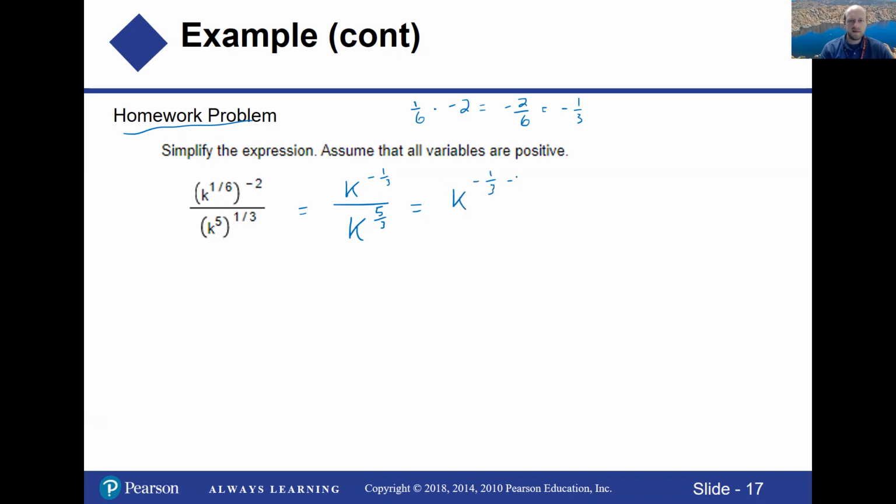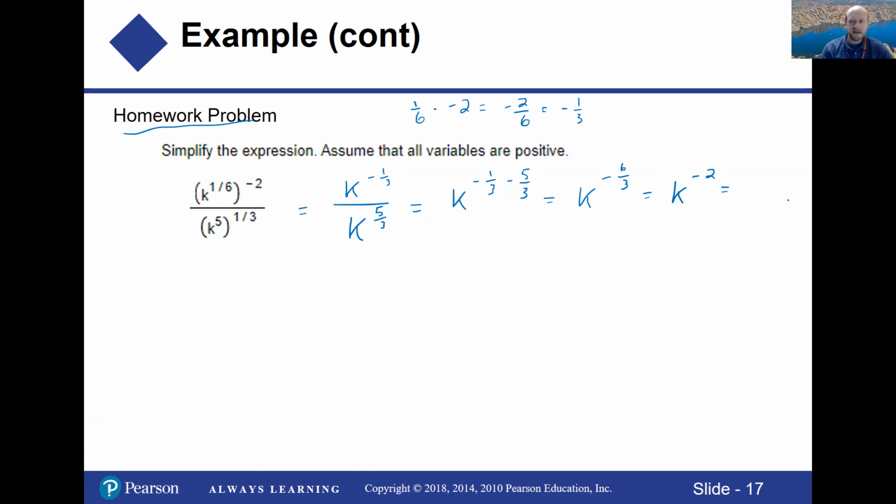So I'm going to bring the 5/3 up by subtracting. -1/3 minus 5/3, that's -6/3. I have a common denominator. I can just take -1 minus 5 is -6, so -6/3. And -6/3 is -2. And now I can't have negative exponents.